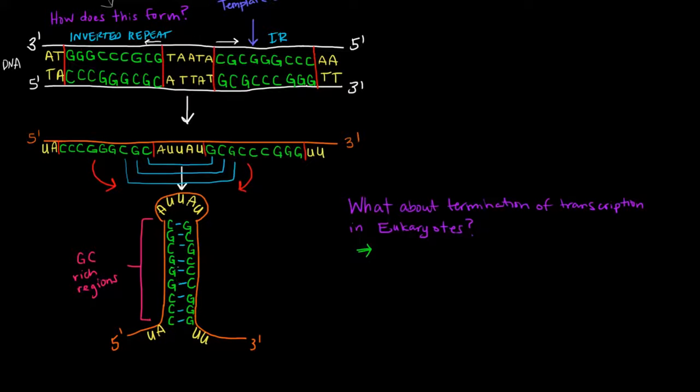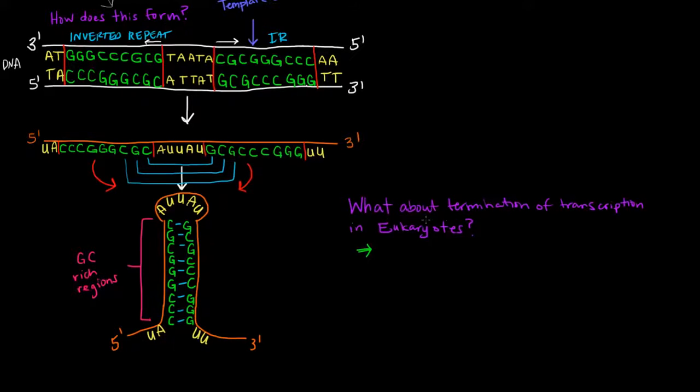Here I've drawn it all. It's not necessarily going to be the case. I just wanted to emphasize the point or exaggerate the point. But there could be AU base pairs in here. So that's how this hairpin loop forms. And once this hairpin loop forms, it signals to the RNA polymerase, hey, stop polymerizing. We're done here. Okay? And those are the ways that termination can occur in prokaryotes.